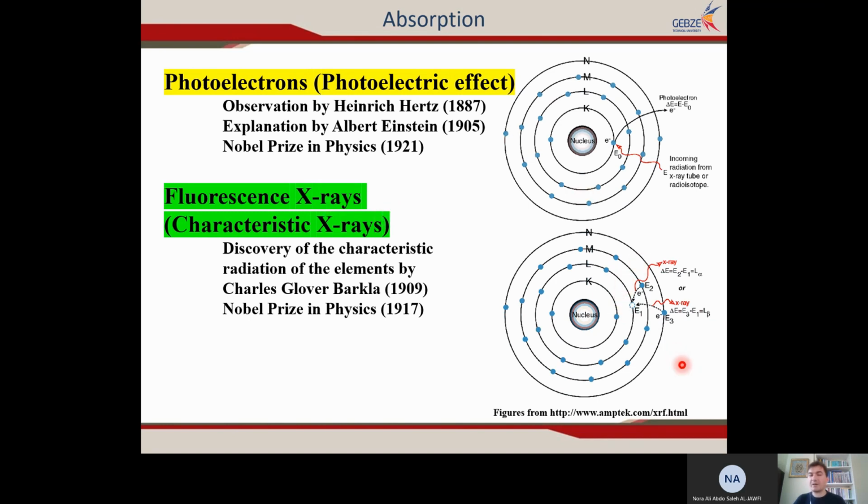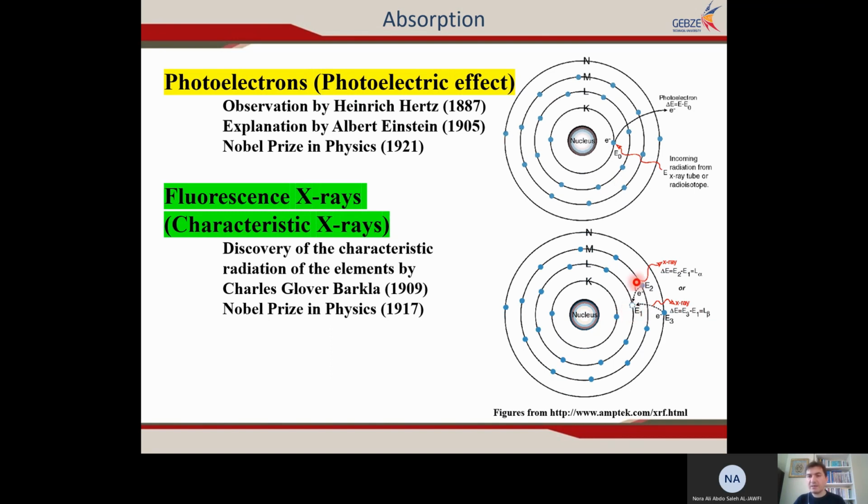So I am repeating, there is an X-ray which is coming from the synchrotron light source or from an X-ray tube, and then here you have an electron. This X-ray removes this electron from this energy level. Let's consider you produce a photoelectron, and then here there is an empty state.